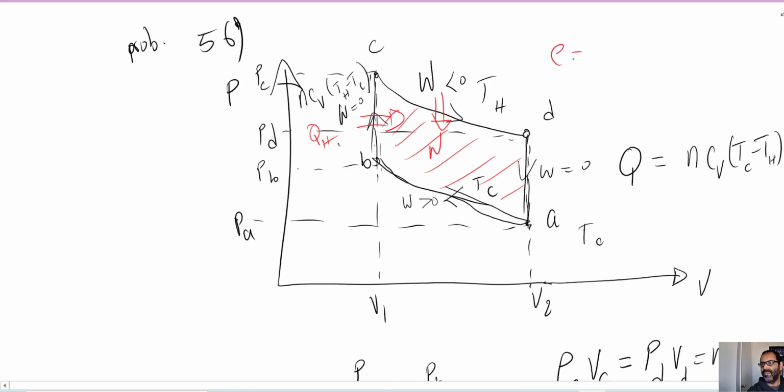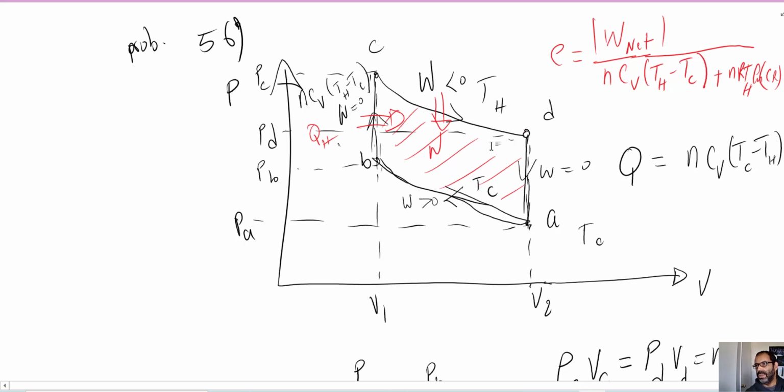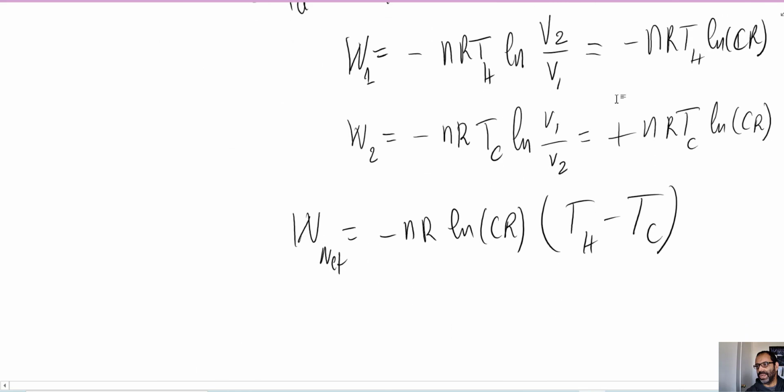And now if I want to find the efficiency of this engine, what I'm going to say is that W that we just calculated, the net W, in absolute value because it's going to be negative, divided by these two heats in here, so it's going to be divided by NCV times T final minus T initial, plus the other heat, which is equal to nRTH times ln of the ratio of these two volumes, which is CR. Okay, so that's basically how the efficiency of this engine looks like.